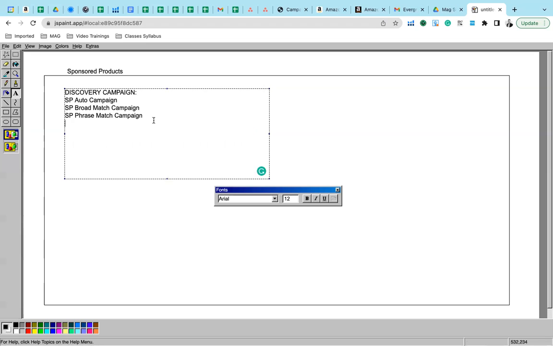Also, we have the product targeting campaigns. Product targeting campaigns are campaigns that are going to target other products. You can have a sponsored products product targeting campaign, attack. That means you're attacking your competitors. You can also have a product targeting campaign, defense.